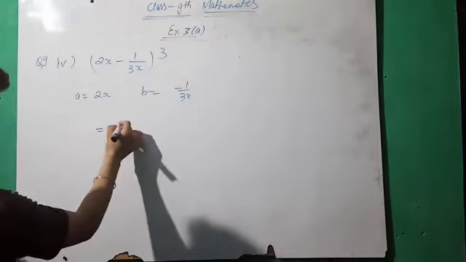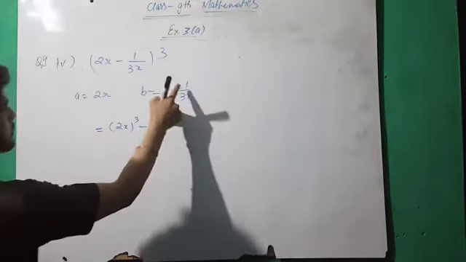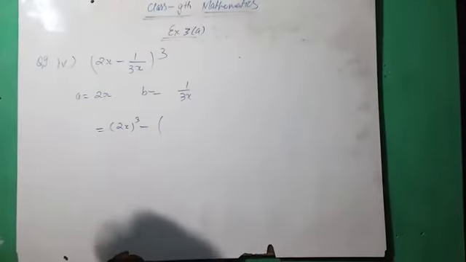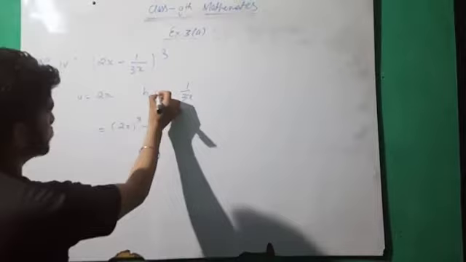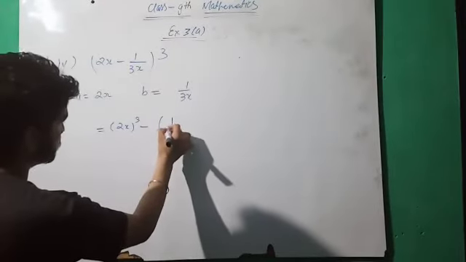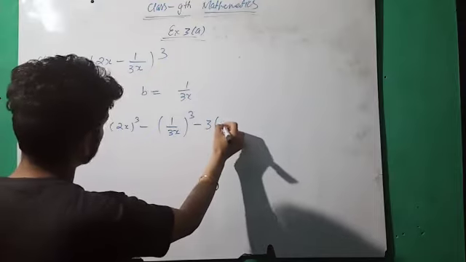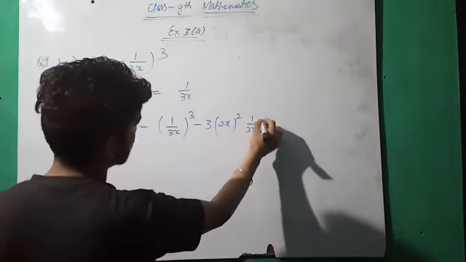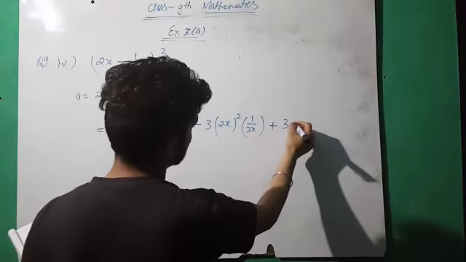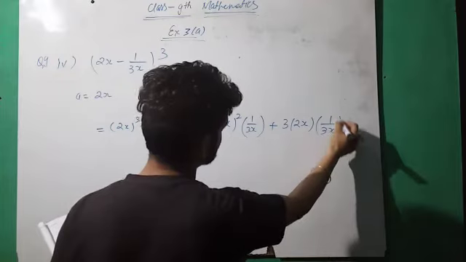That is a cube 2x cube minus b cube, 1 by 3x whole cube, minus 3a square 2x square into b 1 by 3x plus 3ab square, 1 by 3x whole square.